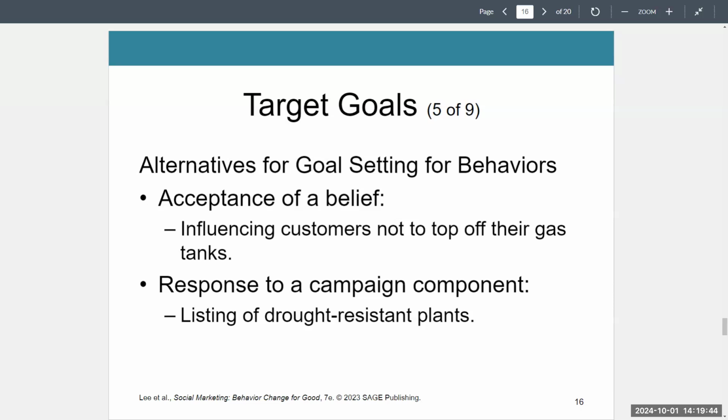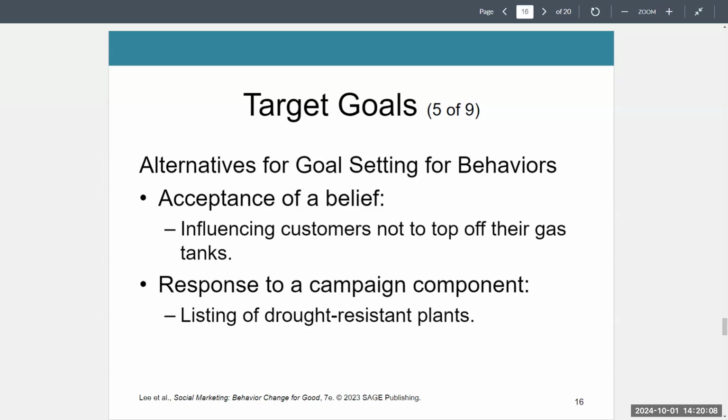So changing that belief would be acceptance of belief, right? So it would be the target audience accepting the belief that you have that it's not going to be the same people. And why is it not going to be the same people? Because we constantly have new people being added into the group. Does that make sense? Okay.